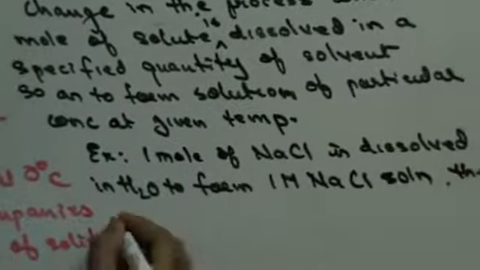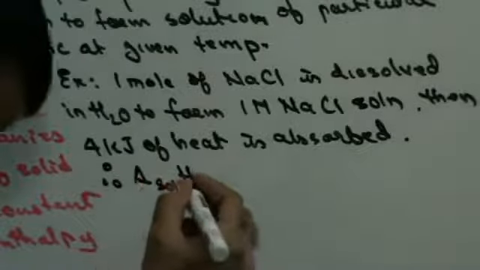Then 4 kilojoules of heat energy is absorbed. This 4 kilojoules of heat energy is nothing but my enthalpy of solution. I can say therefore the enthalpy of solution of NaCl is plus 4 kilojoules per mole. That is my enthalpy of solution. Do we get this clearly?